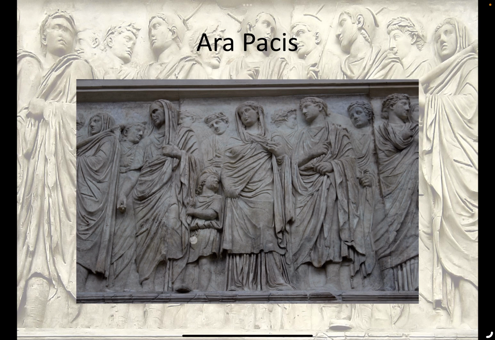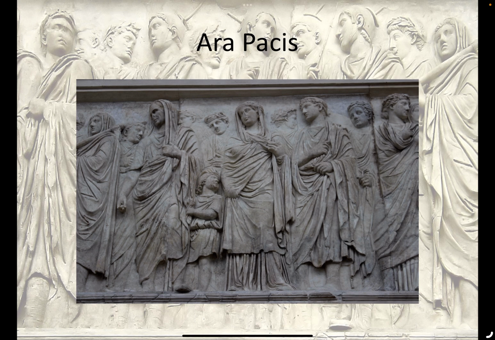The boy is probably his son Gaius, who was about 7 years old in 13 BCE when this was commissioned. He had already been adopted by Augustus and was being set up as his heir apparent. And we'll talk about Gaius and Lucius, his younger brother, later.